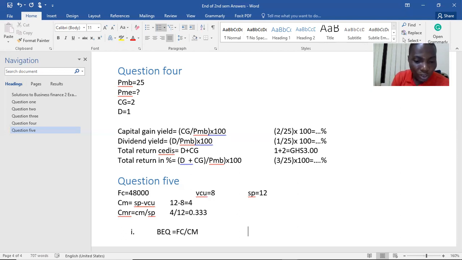So when you are finding units, the denominator should be the contribution margin. When you are finding sales, the denominator should be what? The contribution margin ratio. That is your only savior over here. So fixed cost is 48,000 divided by contribution margin, 4, because you are finding units. So your answer should be in units.